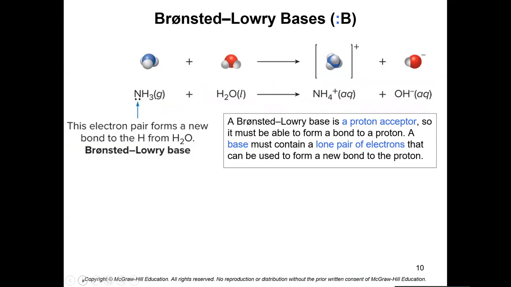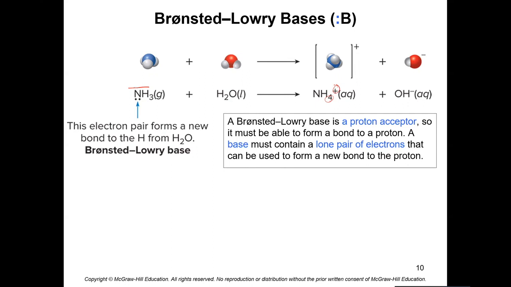Okay, so that is the definition of an acid. What about a base? Well, a base is going to have this electron pair that forms a new bond to the proton from H2O. So let's look at this reaction here. What is happening? Well, we see that NH3 here has accepted a proton because it now has 4 hydrogens and a positive charge.